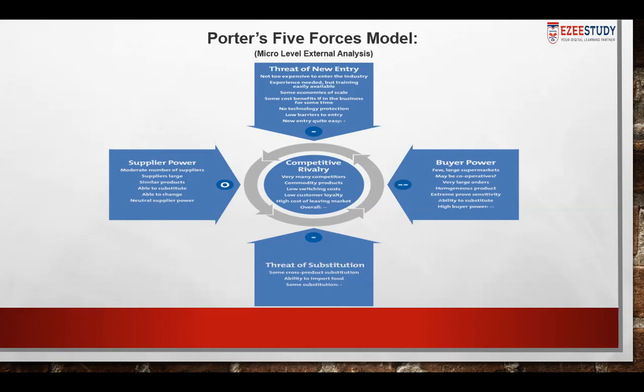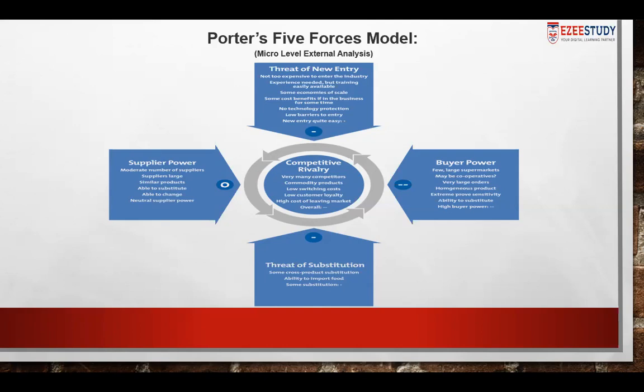It will totally depend on the buying power of your customers. If the buying power of your customers is at a high side, it will be difficult for you to change the price or change the terms. So again, it's very important to look at the buyer power.